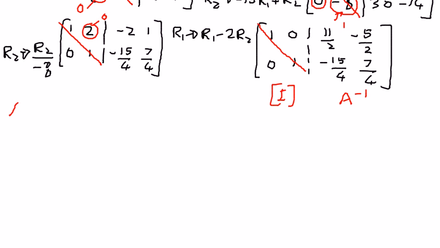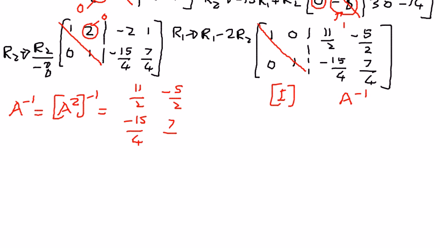Let me write here, the inverse of the given matrix A, which is what we have achieved here: 11 over 2, negative 5 over 2, negative 15 over 4, and then 7 over 4. This is our inverse of the matrix.